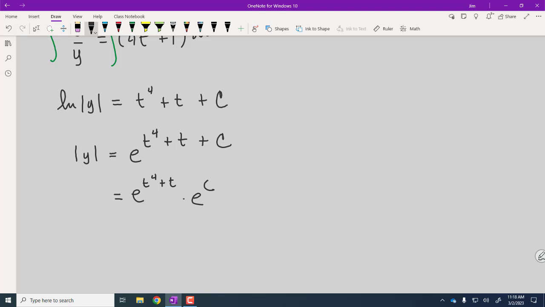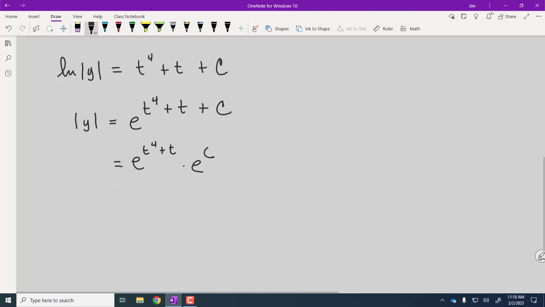If you have e to the a multiplied by e to the b, you add the exponents. So we're kind of going backwards. Does everyone see that? Now e to the c is a constant, and it's now a multiplicative constant. It has jumped down from the exponent and turned into a multiplicative constant.